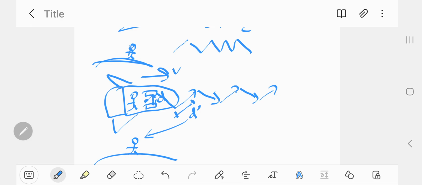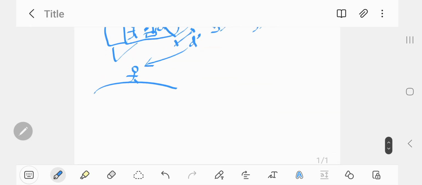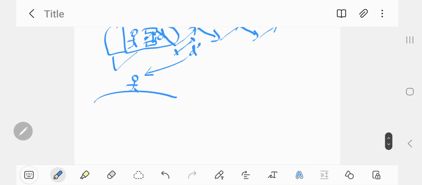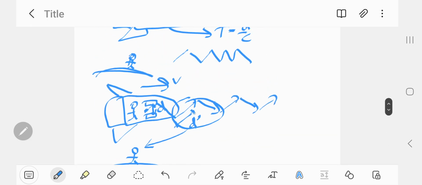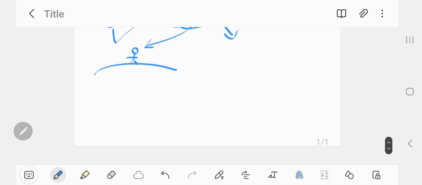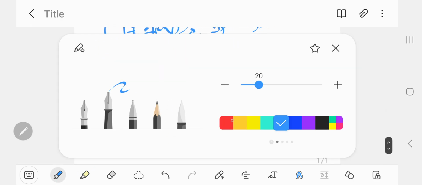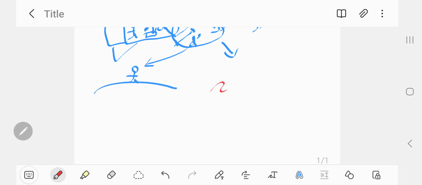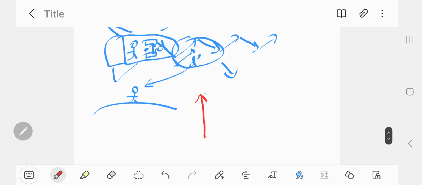Well, mathematically, let's draw a right angle triangle. So let's blow up one of these triangles here. Now this is D dashed.